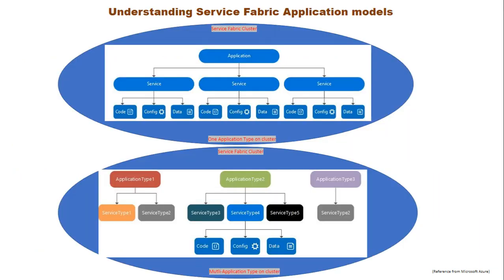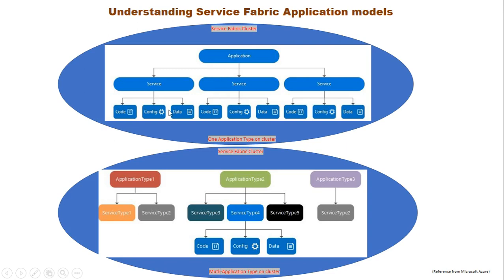Okay, let's move on. So like in the previous slide, here is one diagram. For example, this is one possibility: in your Service Fabric cluster you can have one application, and it has one service, and every service has its own code, configuration and data.